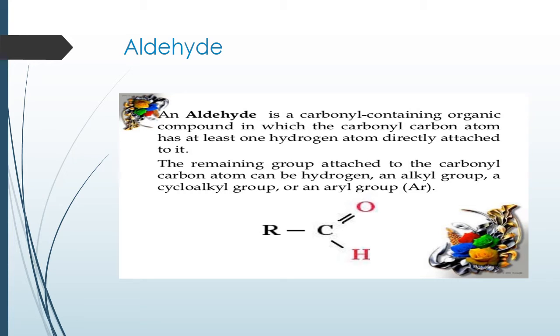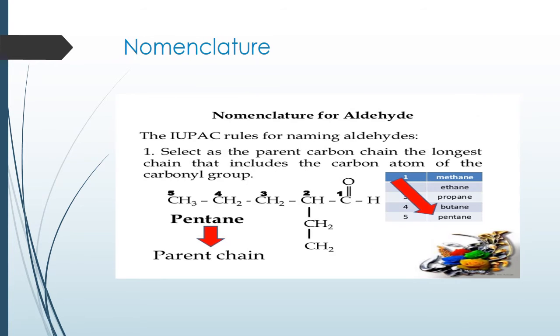This is the structure of an aldehyde. And if both sides of the carbon are attached with R, alkyl groups, hydrogen is replaced by R, then it is called a ketone. Aldehydes and ketones show this type of structure. Here I am going to discuss the nomenclature of aldehydes. That is very easy.